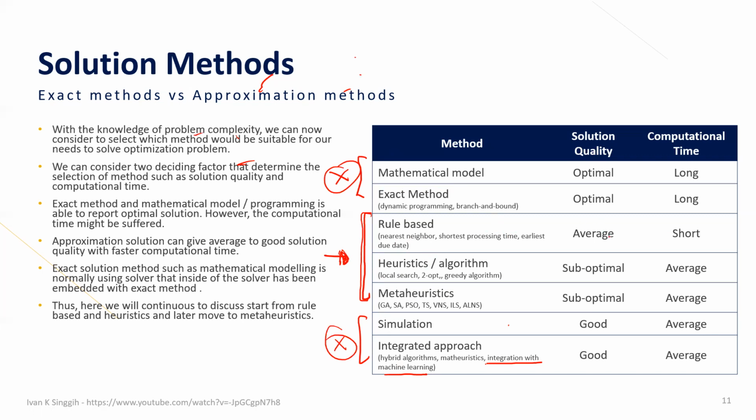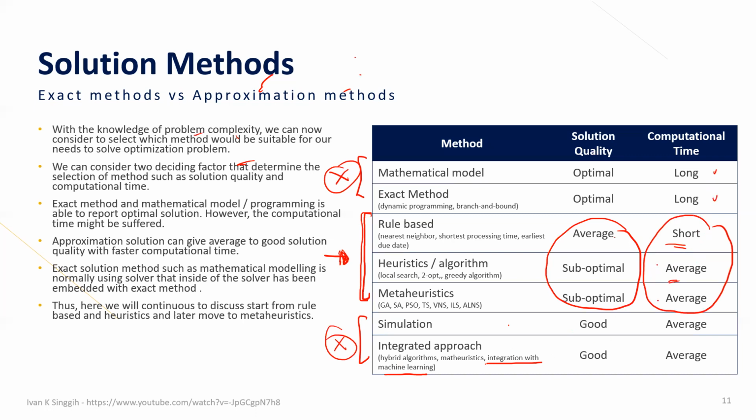Approximation algorithms, in terms of solution quality, can promise you a good solution, or at least an average one, as mentioned here. And it takes a very short amount of time, not as long as this one.